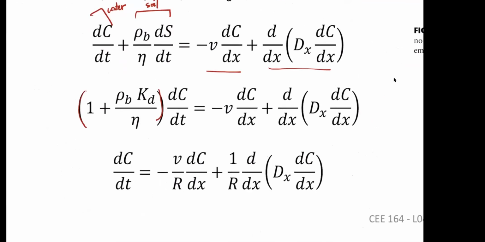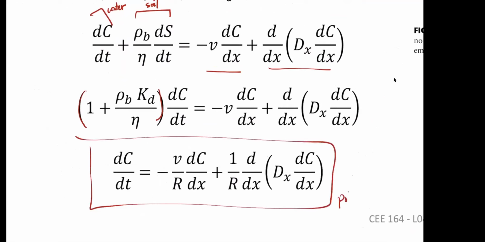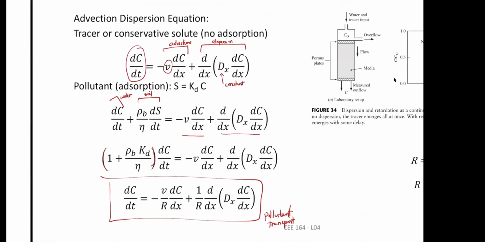If you divide by that one, all it means is that this equation is for pollutant transport, and this equation is for water transport. And if you see, the difference is that the pollutant transport is retarded. This is almost like the velocity of the contaminant.